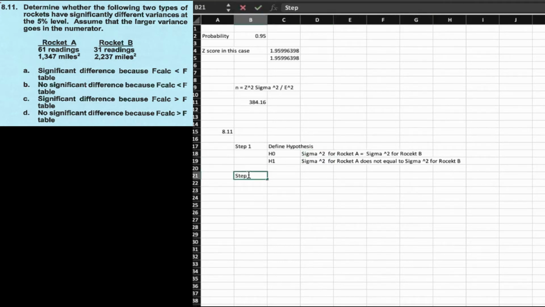And step two, you have to define the statistic. And this is a two sample variance test, and this is an F test.